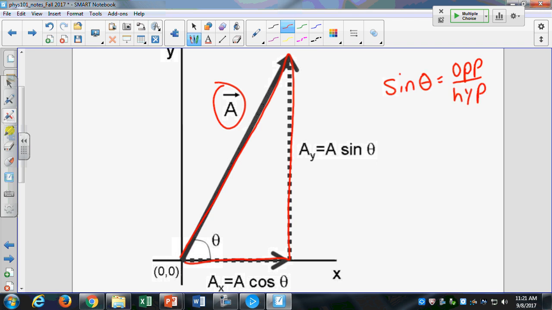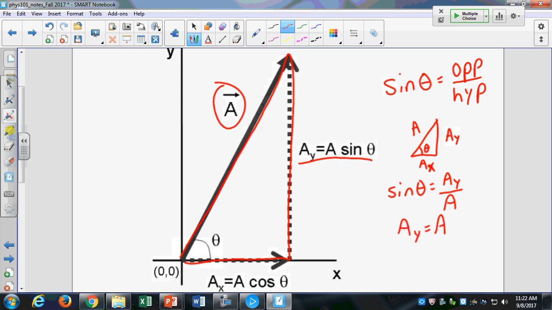So if I have my triangle with A, theta, AX, AY, then the sine of theta is opposite over hypotenuse. That's going to be AY over A. And so that's where this expression comes from, that AY is equal to A sine theta.